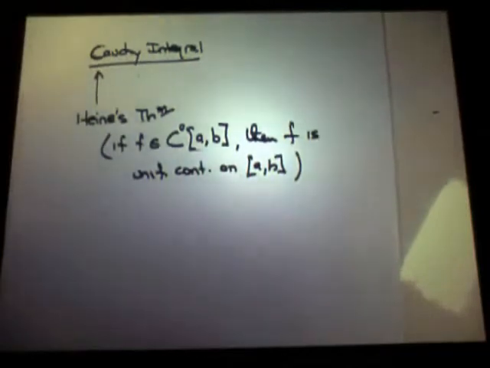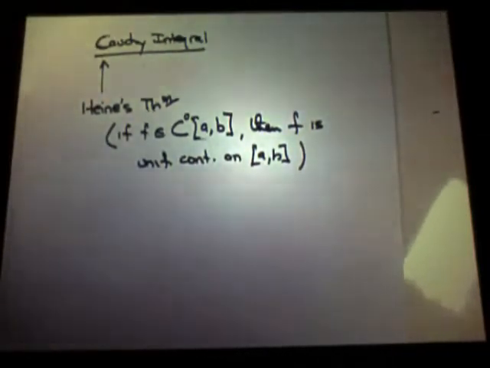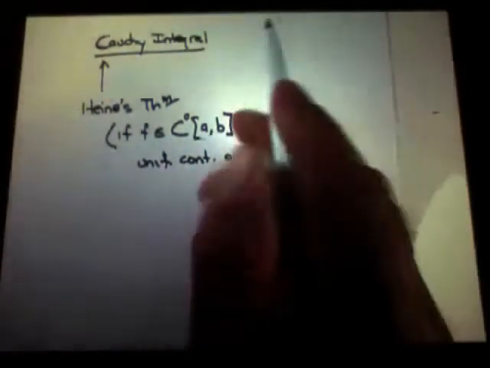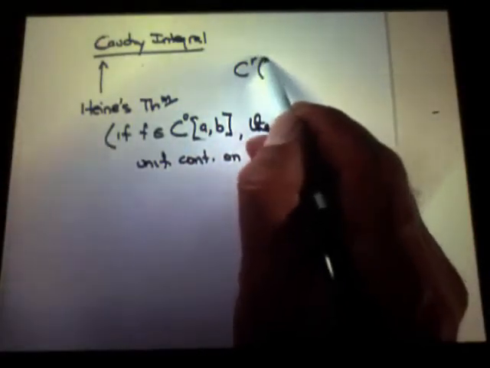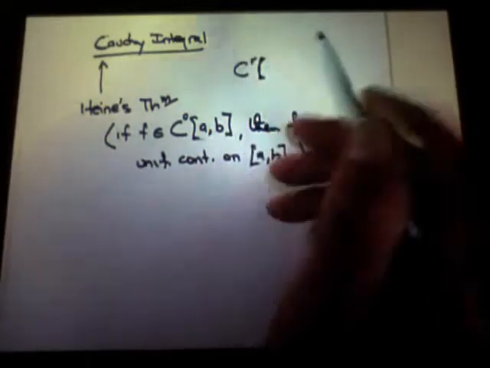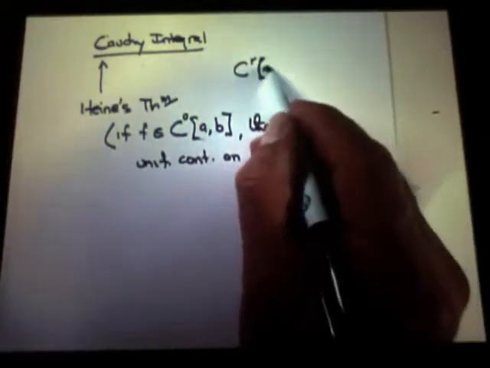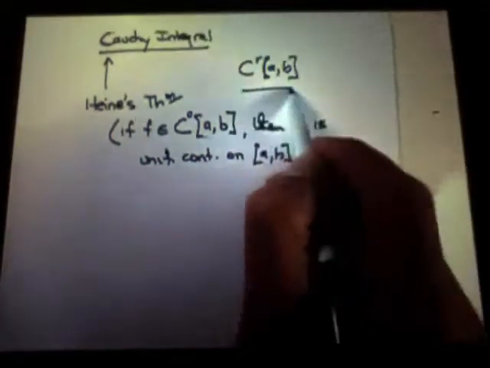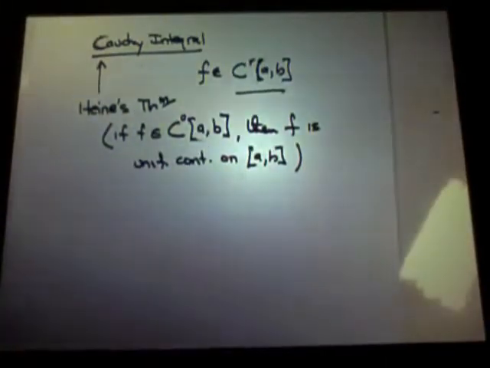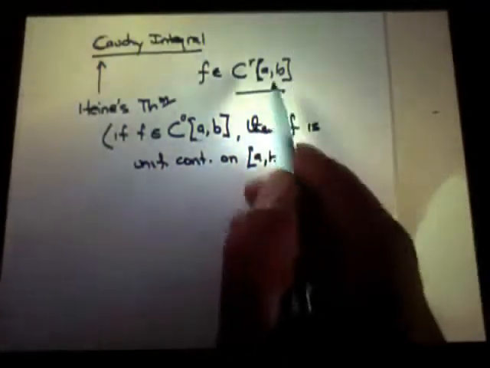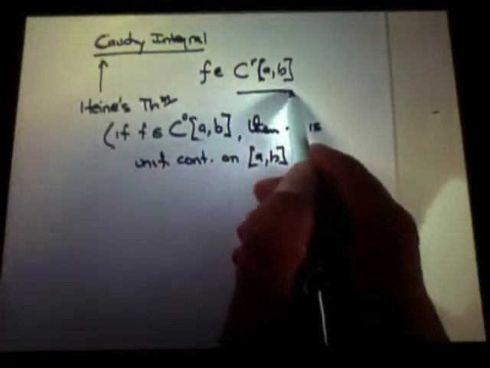What's the little zero? What does that mean? C^r of whatever you put here, very often it's an open or closed interval [a, b], means if a function is in that class of functions, it has up to and including its rth derivative on the closed interval [a, b], and they're continuous.